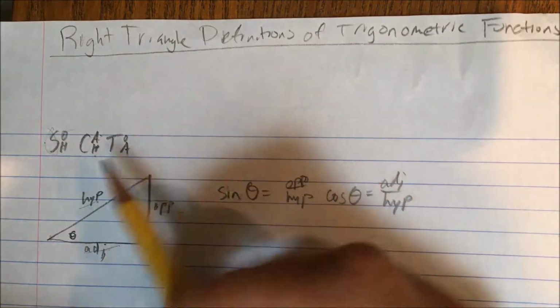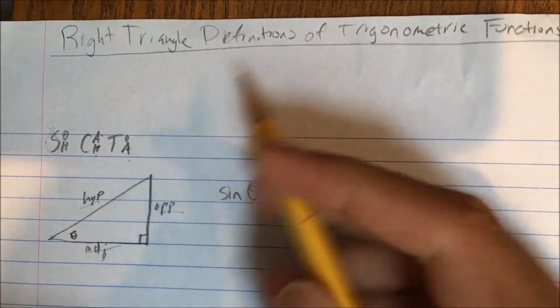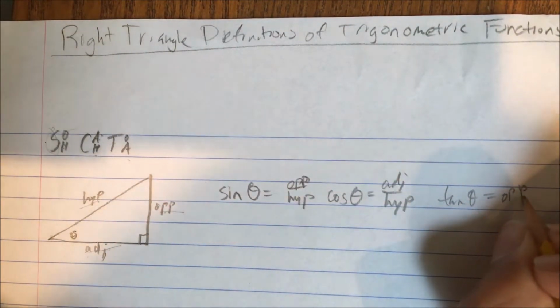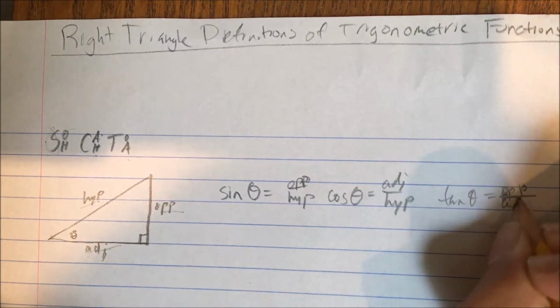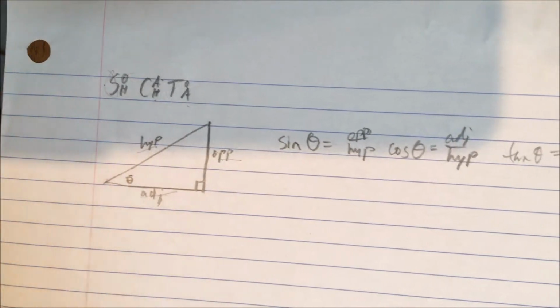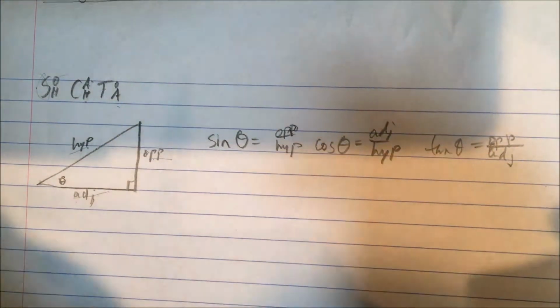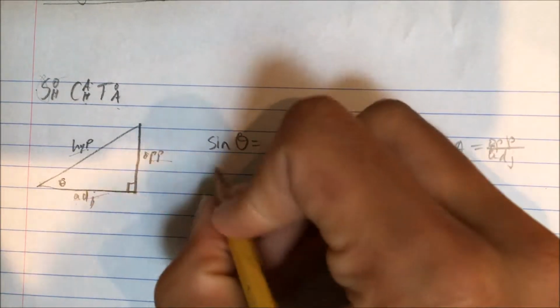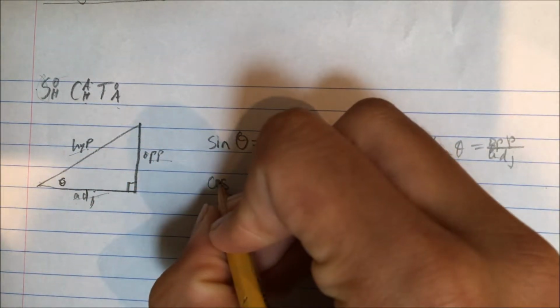And the next part of the definition is tangent equals opposite over adjacent. So tangent theta equals opposite over adjacent. And also we have the co-functions, cosecant, secant, and cotangent.